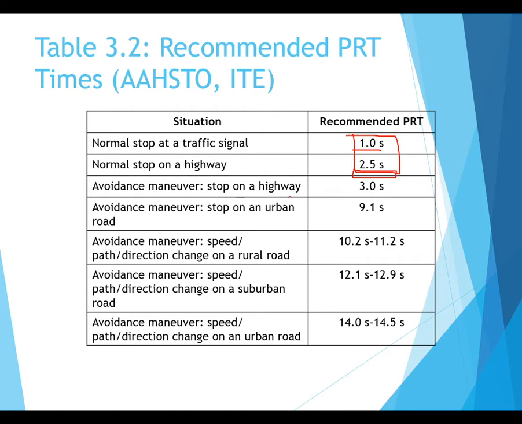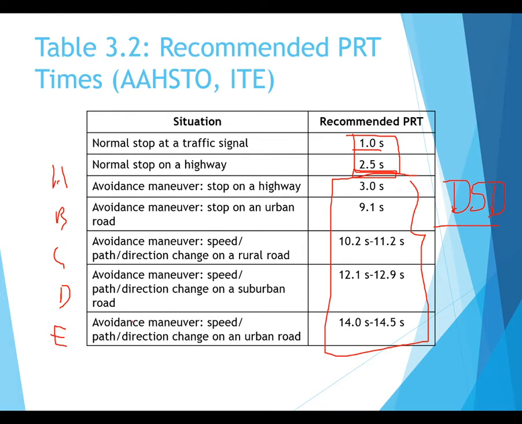And if you remember these different numbers we use in something called the decision sight distance, I'm going to put the table also for that in a minute, where we have, remember, the A, B, C, D, E situations or scenarios, and each one has a different perception reaction time.